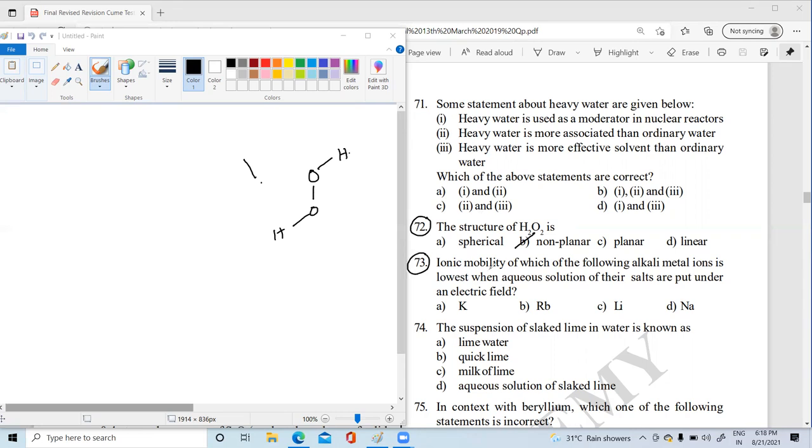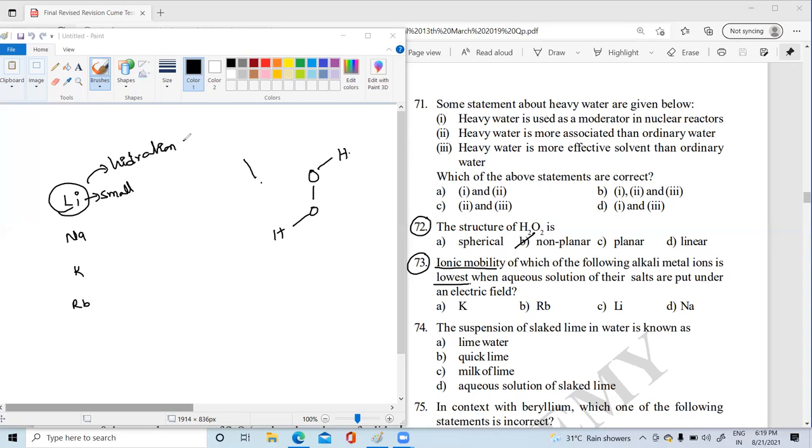Now 73. The ionic mobility of the following alkali metal ions, which is the lowest when their aqueous salt solutions are put under an electric field? They are asking which mobility is lowest, students. As we know very well, here we have lithium, sodium, potassium, and rubidium. Which is the smallest size, students? The small size will have the highest hydration energy.